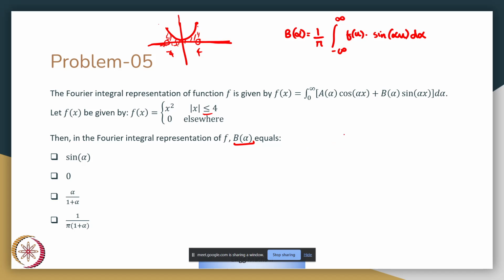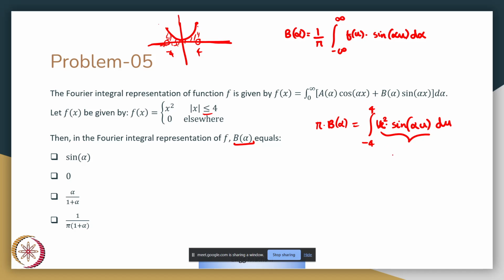So for our case, pi times b of alpha is nothing but the integral from minus 4 to 4, because f of x vanishes everywhere on the real axis except when x belongs from minus 4 to 4. This is u square sine of alpha u du.